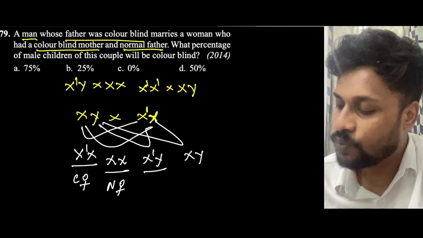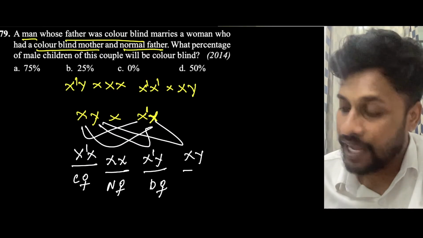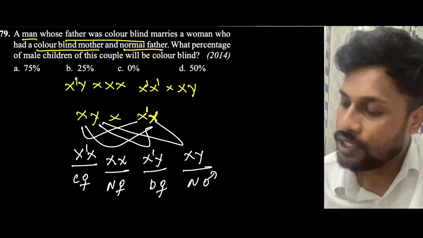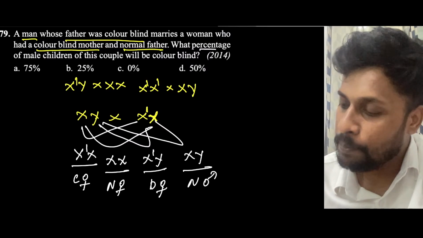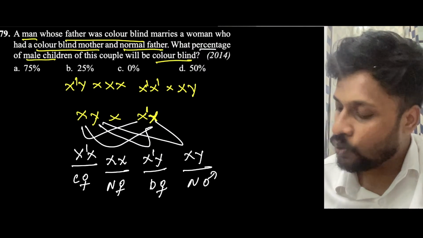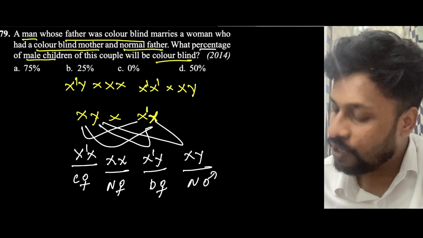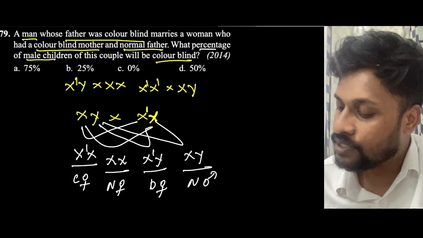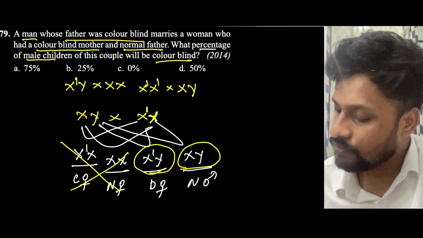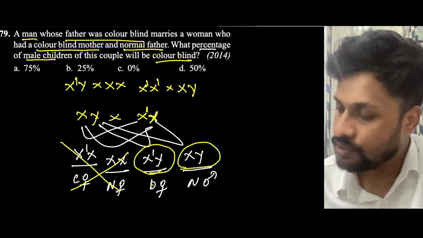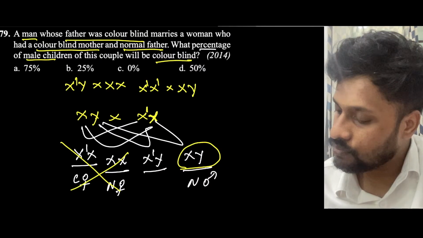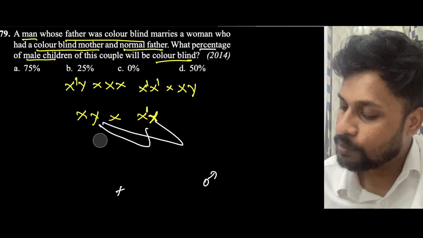Now what is X dash Y? Diseased male. And what is XY? Normal male. So here the question, what percentage of male children of this couple will be colorblind? Here we only need to consider two things, only this and this. Let me make it simple for you.